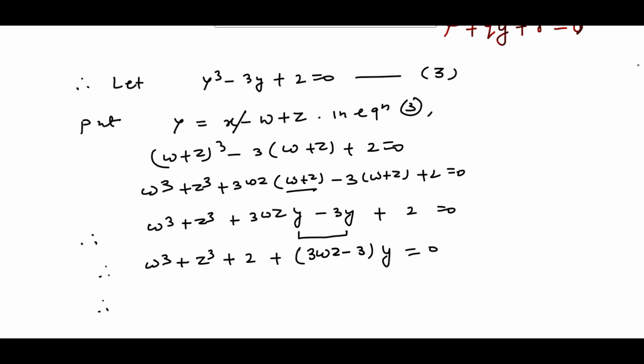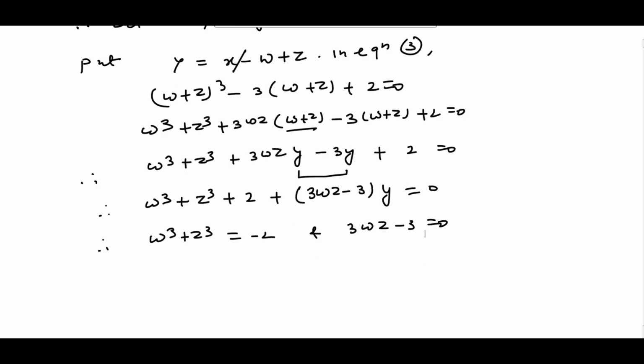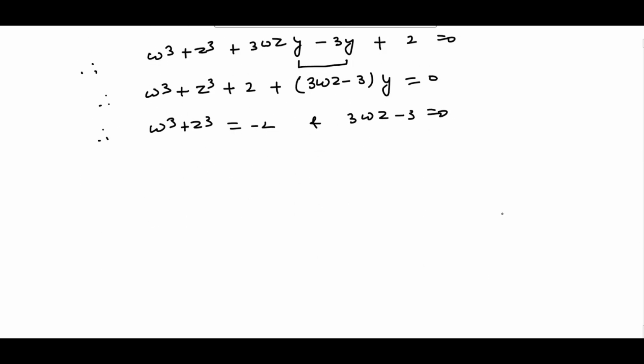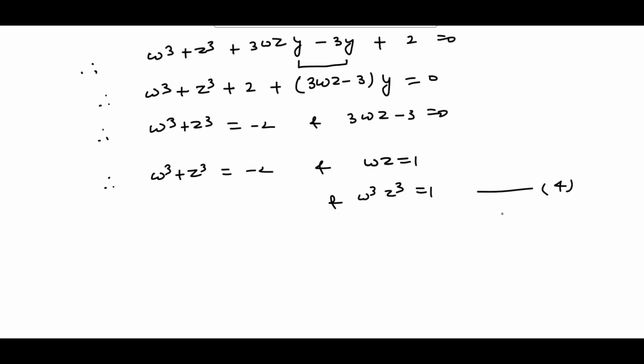So by comparing we will get w cube plus z cube is equal to -2, and 3wz minus 3 is equal to 0. So we get w cube plus z cube is equal to -2, and wz is equal to 1. So we can write here w cube z cube is equal to 1. So that is equation number 4.